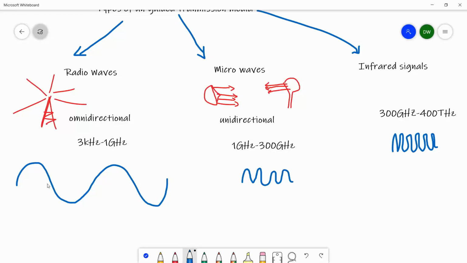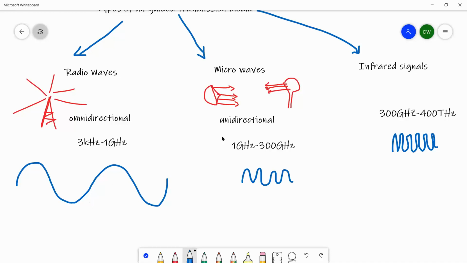But radio waves have a larger wavelength, that means smaller frequencies. Therefore, they can pass through a wall. For example, your television and radio are located inside your house, right? So even if those devices are inside your house, signals can penetrate through your walls, right?